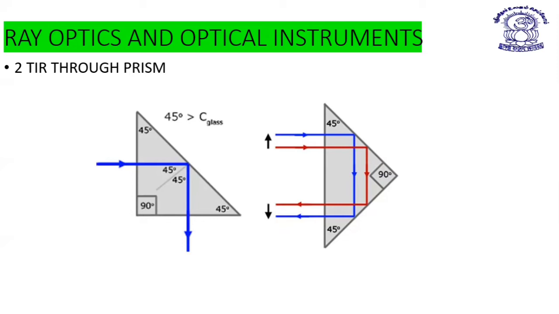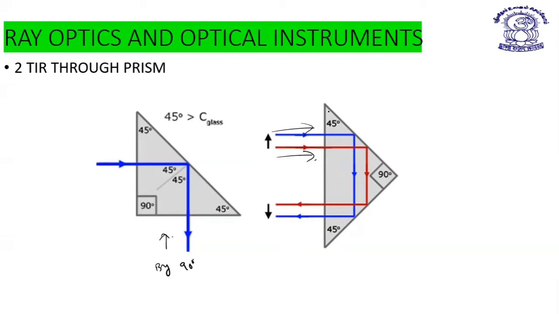The other application is prism. The prisms are designed to bend the light by 90 degree or 180 degree using total internal reflection. In first case, we have changed the direction of light by 90 degree, and in second case, the direction of incident ray.